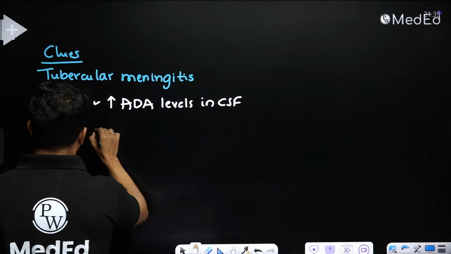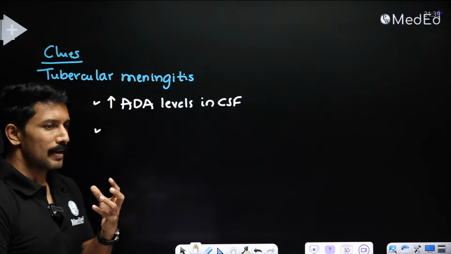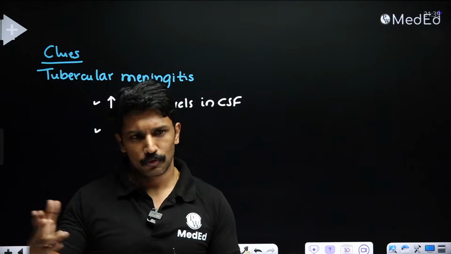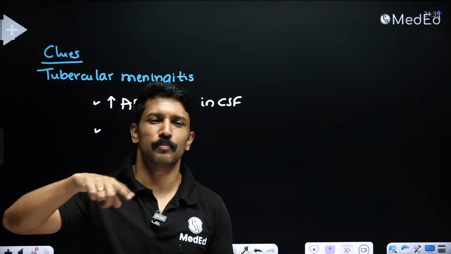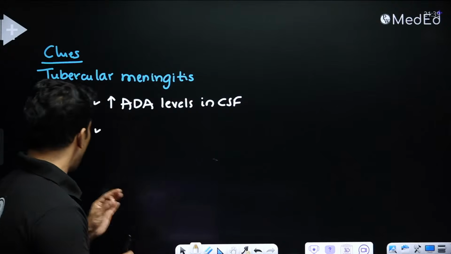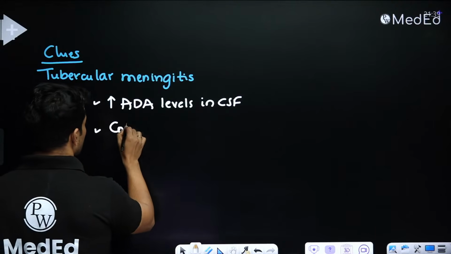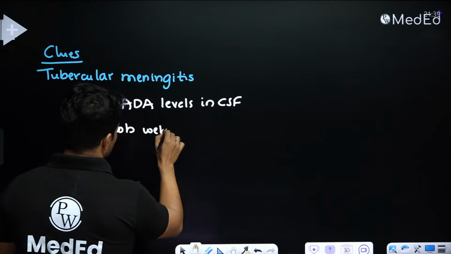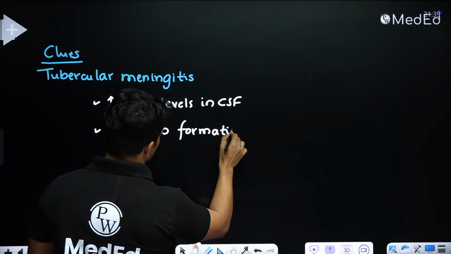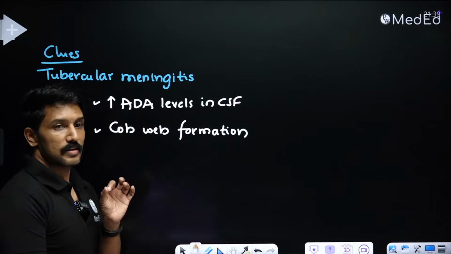The second clue can come when you collect the CSF in a test tube and let it stand waiting for analysis: you may notice that a proteinaceous material forms a web-like structure, which you call cobweb formation. So these are potential clues towards tubercular meningitis in an MCQ.